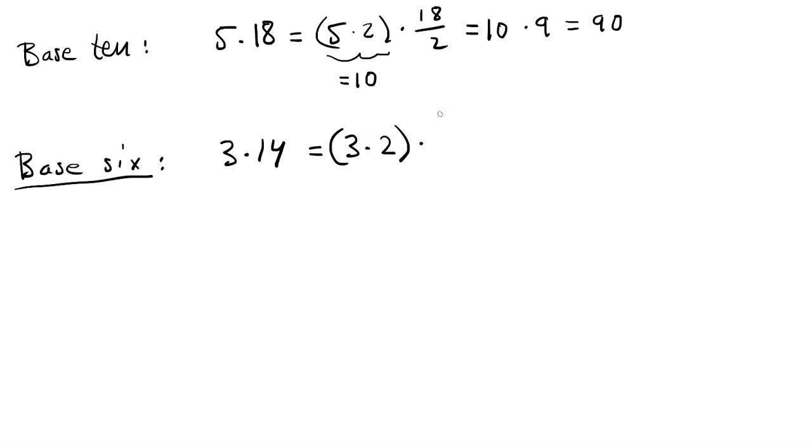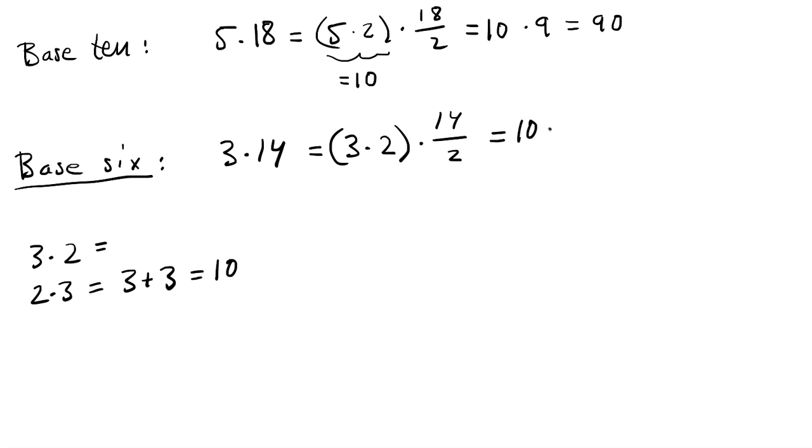You could just as well write it as 2 times 3, which is 3 plus 3. And 3 plus 3, that's a tenth in addition. So this is 10. So if you remember that 3 times 2 is a tenth, then you can multiply this by 2 and divide this by 2. So this becomes 10, and this becomes 14.